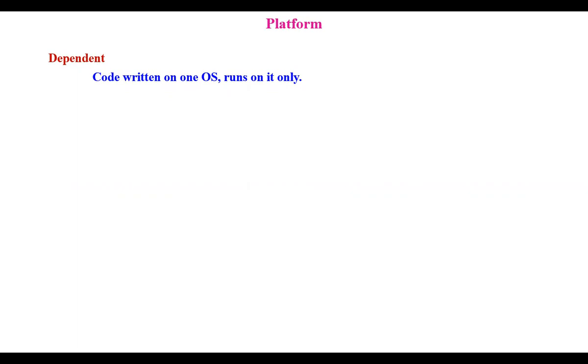It cannot be run on another system with a different operating system like Mac or any other. So that is called dependency. Examples of platform dependent languages are Pascal, C, and C++.